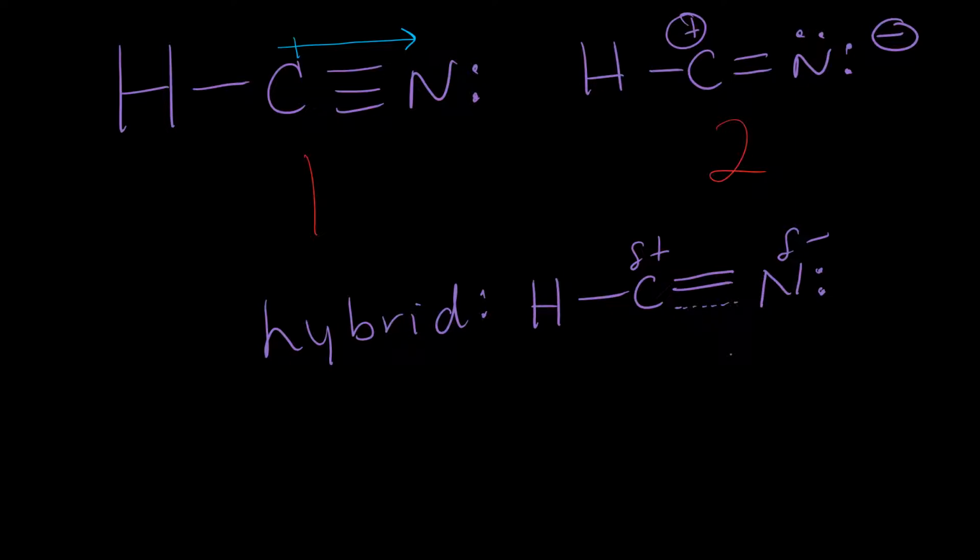And we also get that same impression from the resonance structures. And so overall, it seems fair to say that the carbon is partially positive and the nitrogen is partially negative. And these partial charges are going to have direct consequences on the chemical behavior and the physical properties of HCN.